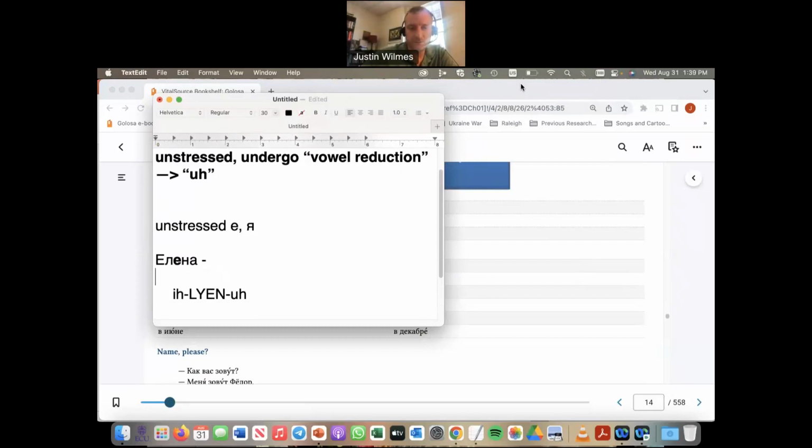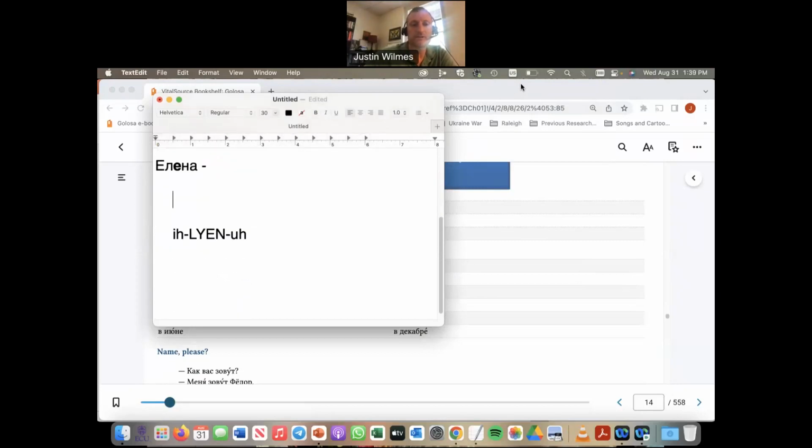Which isn't the most obvious thing, because if you just do it letter by letter, you might say ye-lye-na. But there are 2 vowel reductions going on here. Whenever a vowel is in the stressed syllable, we just know that vowel is going to be fully pronounced, its standard pronunciation.